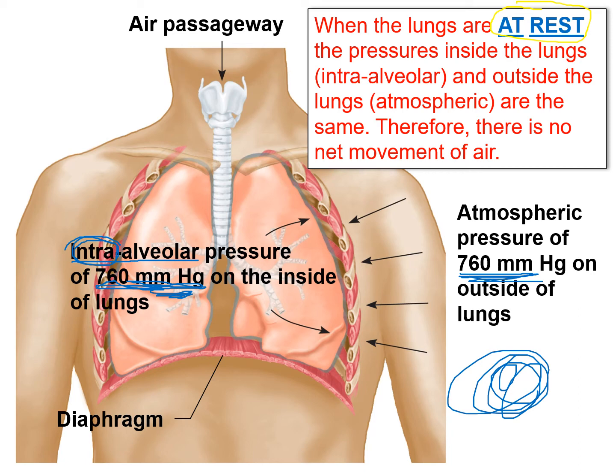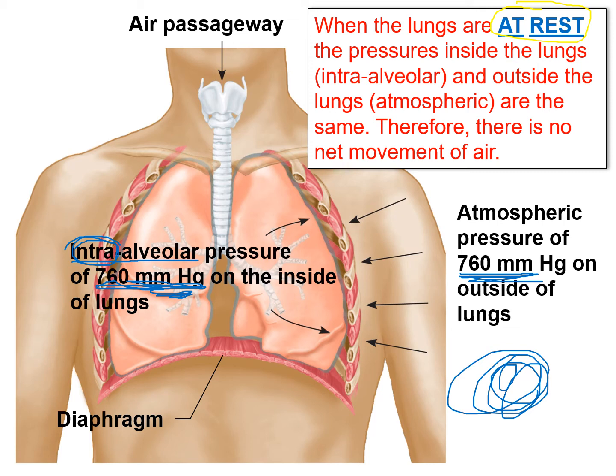Now this is based upon what's referred to as standard atmospheric pressure. And without getting into a lot of complex physics here, depending upon your elevation, this number can change. But 760 is considered standard atmospheric pressure at sea level.